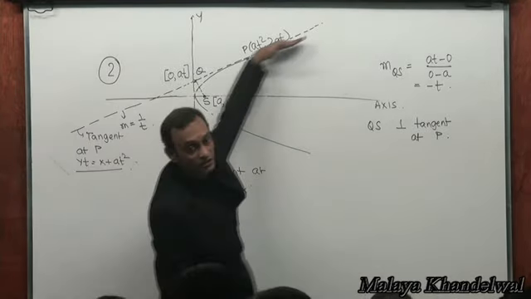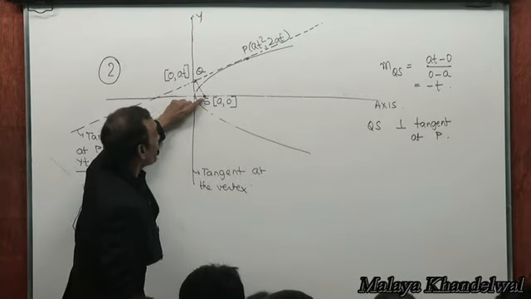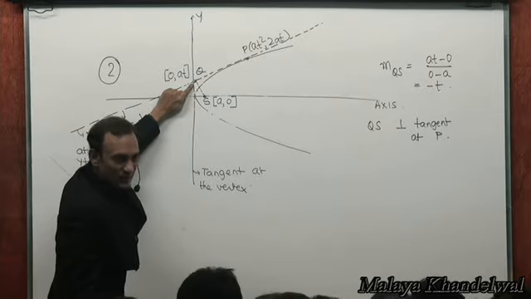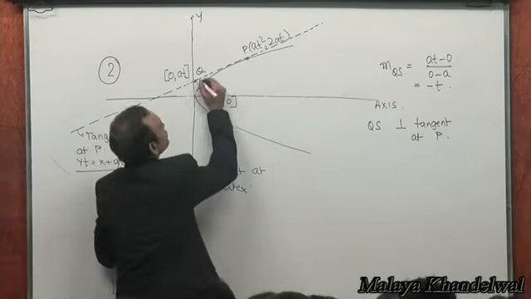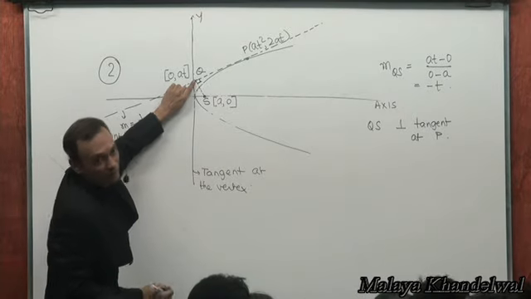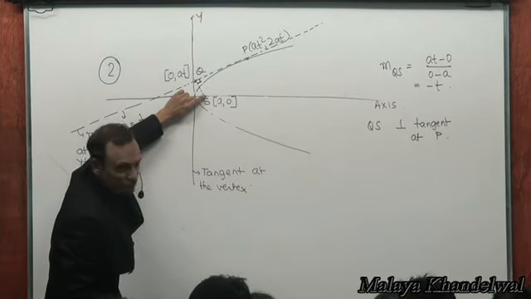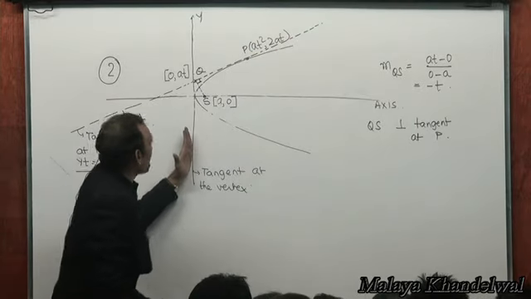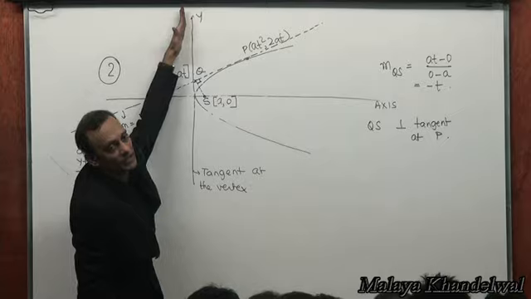This is just any tangent. From S, if I draw a perpendicular onto this tangent, then the foot of that perpendicular would be Q, because SQ is perpendicular to that tangent. So the foot Q of the perpendicular drawn from the focus onto any given tangent must lie on the tangent drawn at the vertex.